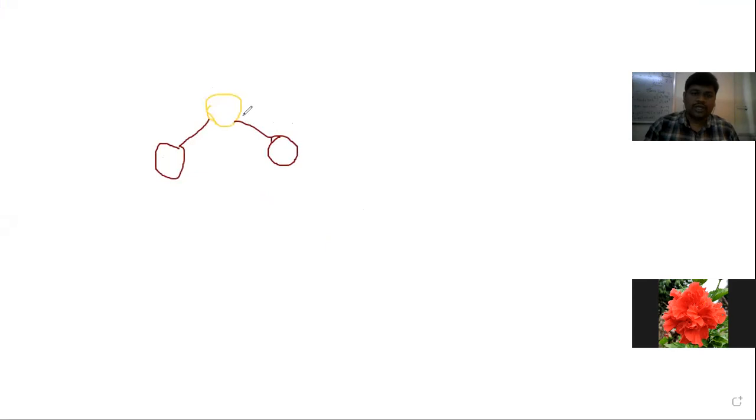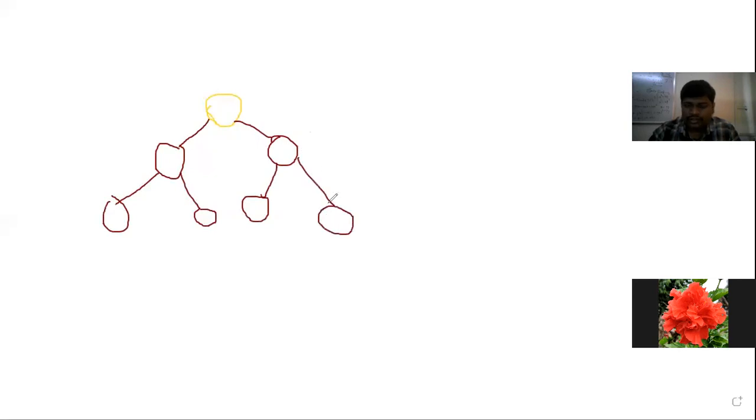So this is level 1, and this is considered as the root. Now, again here the left child, right child, left child, right child. So this is called a binary tree, right? So a tree is represented in this way.